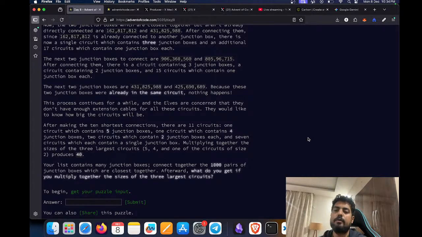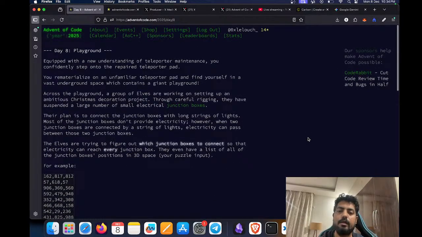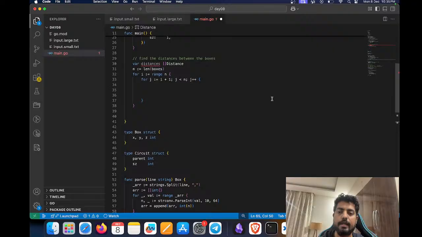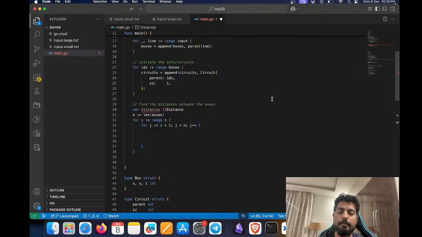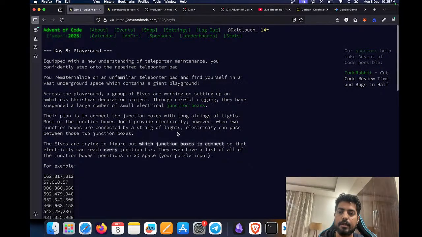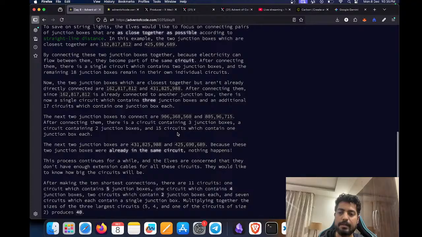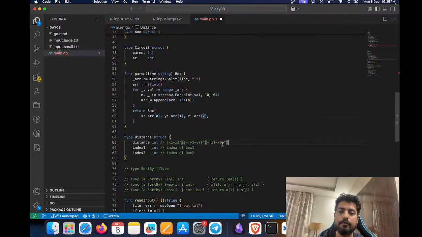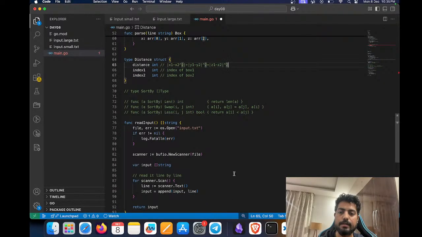I don't know how it is being handled, but let's assume that the same distance case is handled by the problem statement itself. Like the input is such that it handles it, because they haven't mentioned anything about the distances being the same. Okay, so we'll just do what the problem statement is telling us to do.